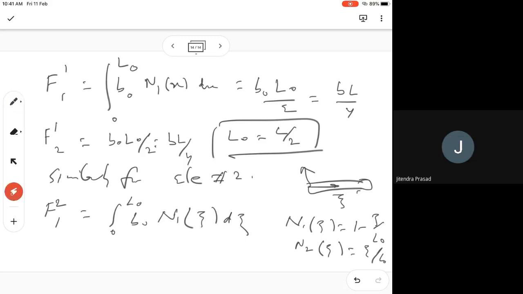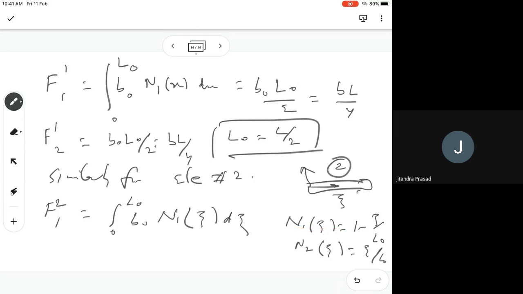I was saying that here the expression of the shape function is similar to earlier, and this is element number 2, for which we have a zeta coordinate system with the first node as the origin. This expression is the same as earlier.